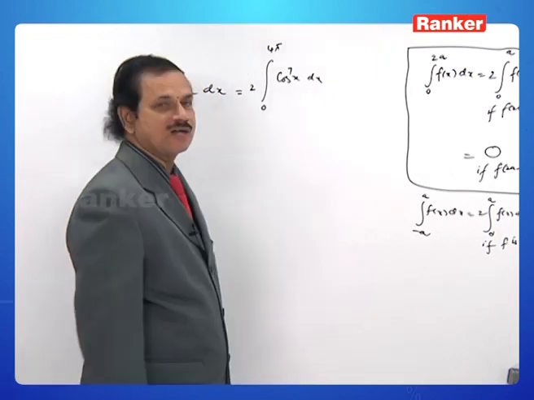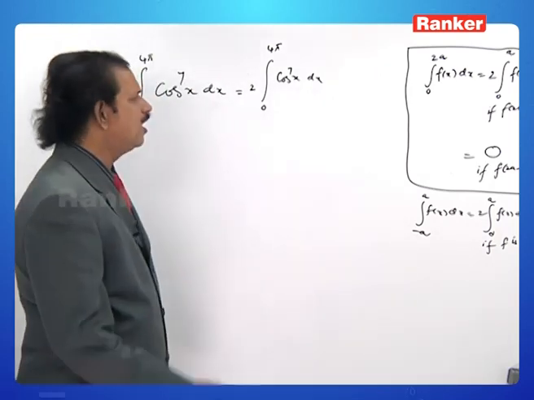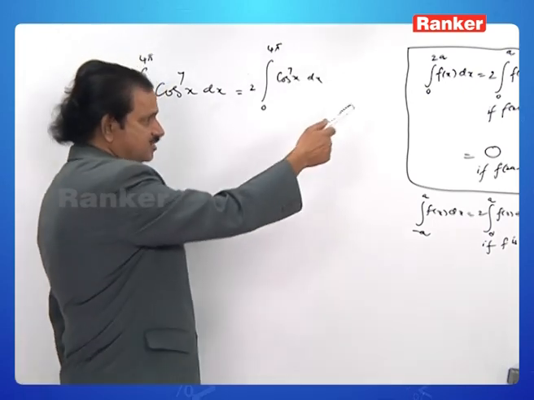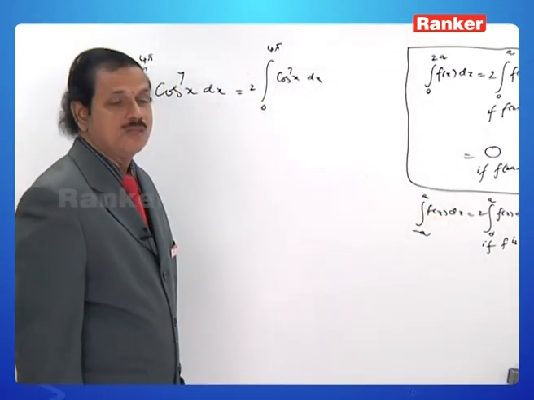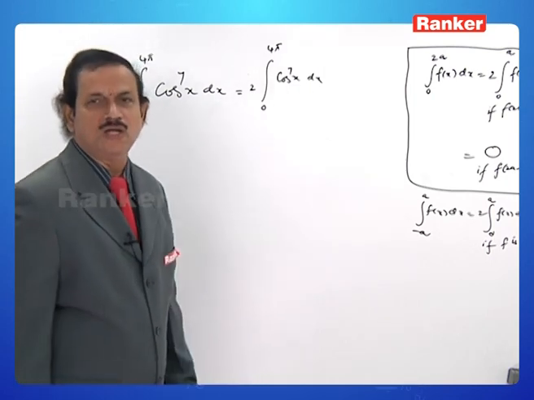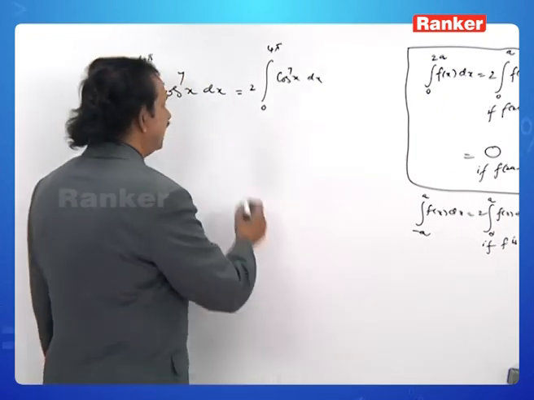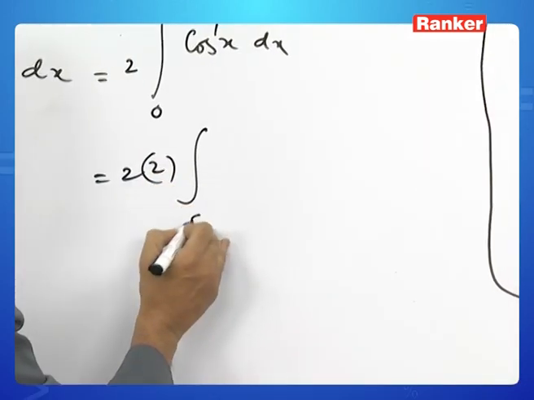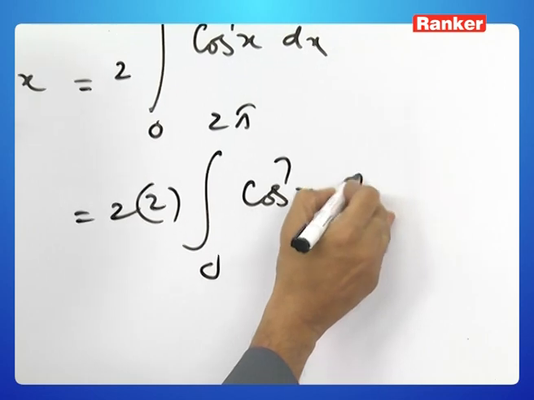In the fourth quadrant, cos x is positive. Positive power 7, it is again positive. So, no more changes at all. So, you decide whether the first case or second case is to be applied. Which is to be applied? The first case, because we could observe no change at all if you consider f of 2a minus x, isn't it? Well, and we can pull out one more 2 so that it becomes 0 to 2 pi cos power 7x dx.